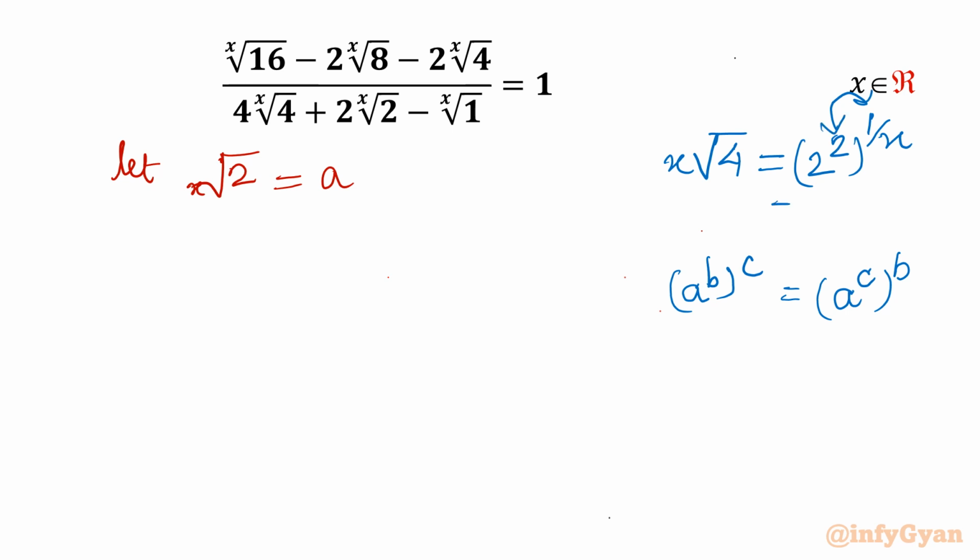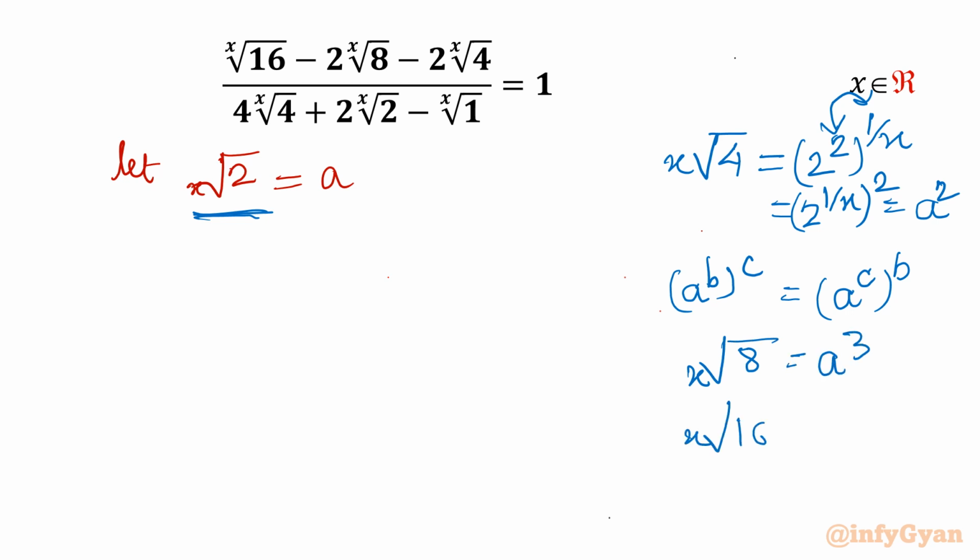So I will be writing here 2 power 1 by x whole power 2, and 2 power 1 by x is a. So I will write this value as a square. Similarly, I can write xth root of 8, it would be a cube. Xth root of 16, it would be a power 4.